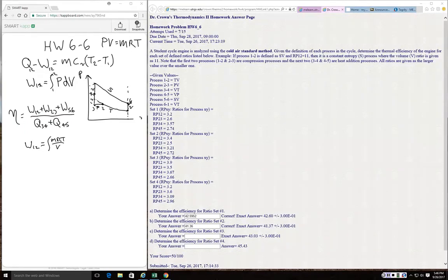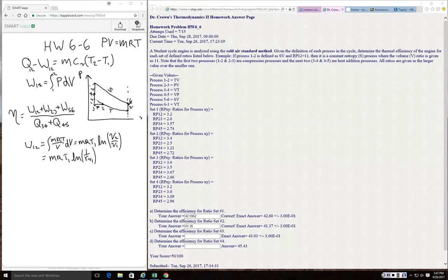And the numerator is constant, so I can bring that out and I get mRT1 natural log of V2 over V1. And V2 over V1 is equal to 1 over RV1. So I have mRT1 natural log 1 over RV1.